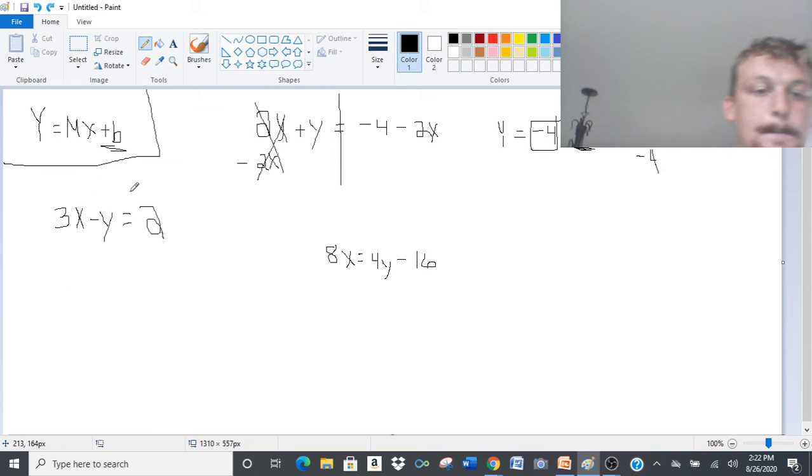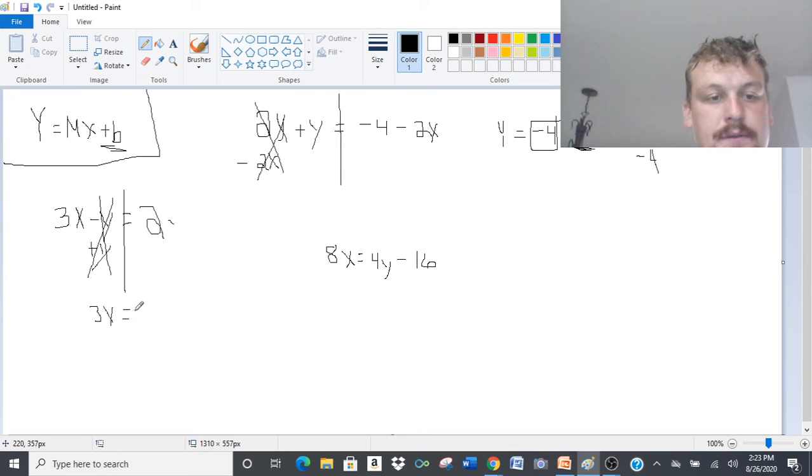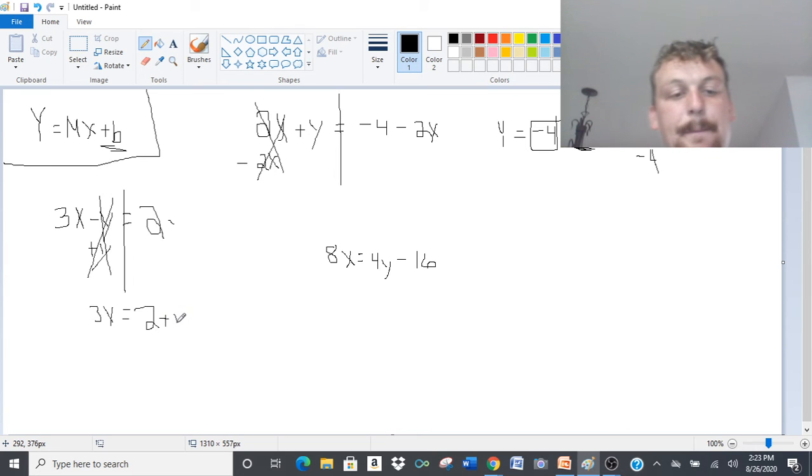So therefore, first thing we do is draw our line. Make sure our y is positive, which it is not. So in order to cancel out, we have to do plus y. So that cancels. We move our plus y over here. So now we have 3x = 2 + y.